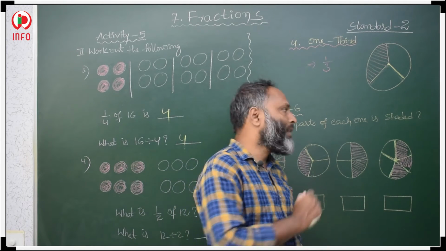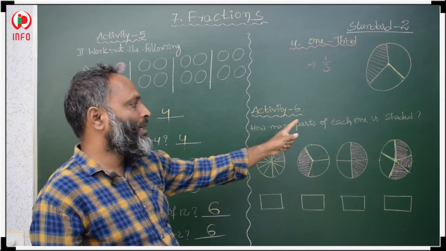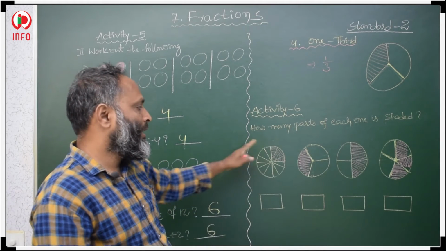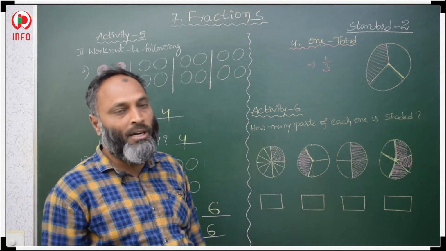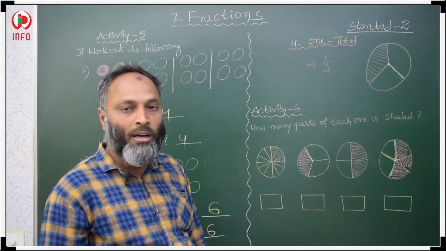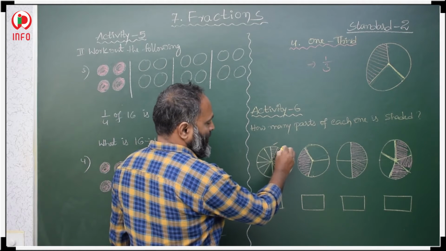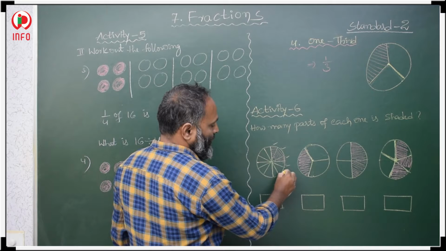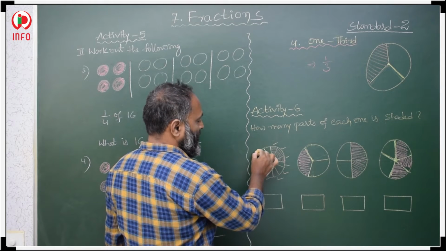Okay. Now, in activity 6, how many parts in each one are shaded? Here some circular pictures are given, divided into equal parts. Then how many parts are shaded, we have to represent in a fraction. See here, how many parts are here? 1, 2, 3, 4, 5, 6, 7, 8, 9, 10, 11, 12.